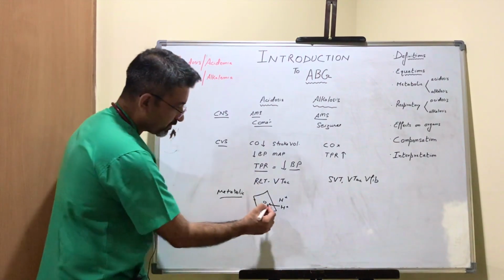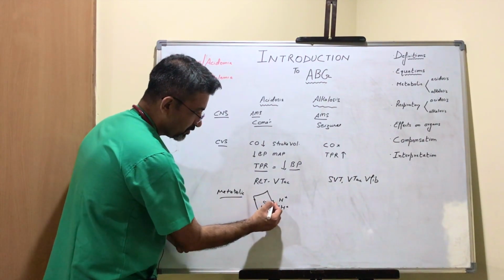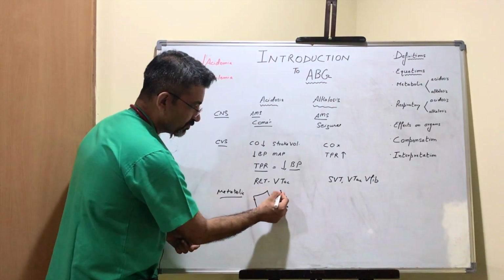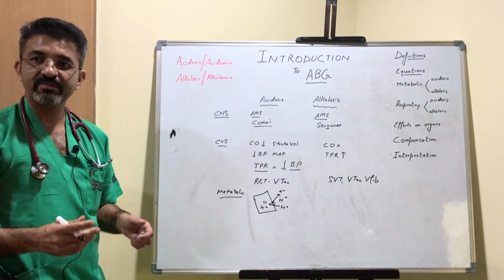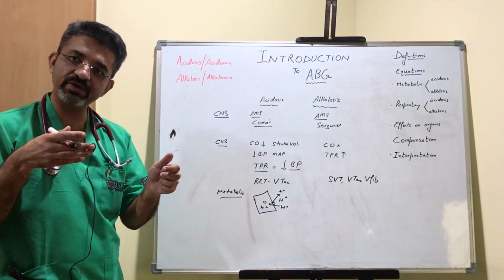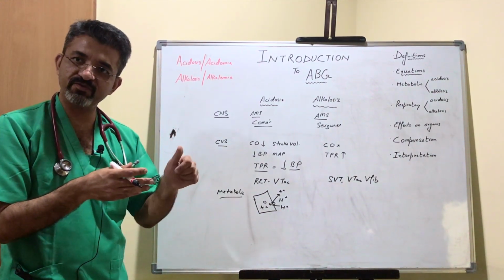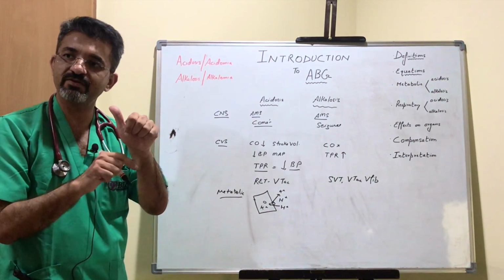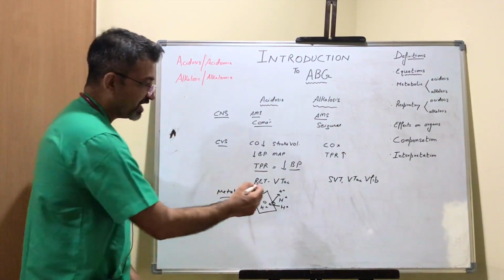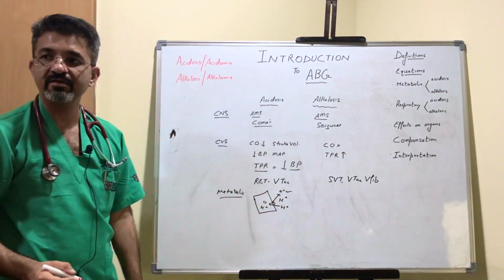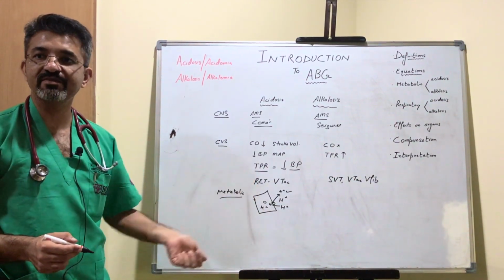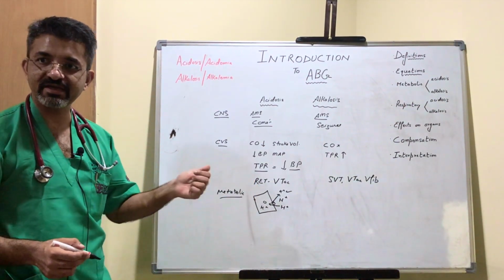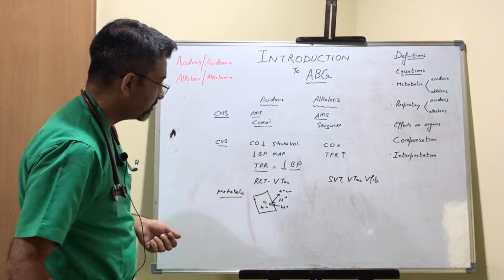So there is a pump which pushes potassium out. The more hydrogen ion there is in extracellular fluid, by its concentration gradient, it will try to go inside the cell, and there is a pump which pushes potassium out with every proton. So that is the reason for hyperkalemia in acidosis. And this hyperkalemia can be detrimental. You can have very bad arrhythmias.